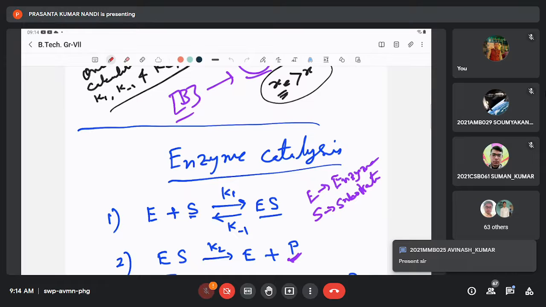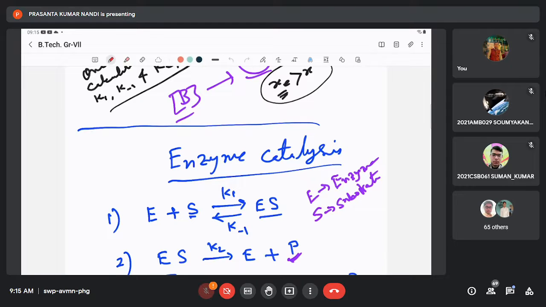So if we use an enzyme, then it will speed up the rate of the forward reaction as well as that of the backward reaction. So the barrier heights of the forward and backward reactions are both reduced, which indicates that an enzyme will help the reaction to attain its equilibrium state rapidly.